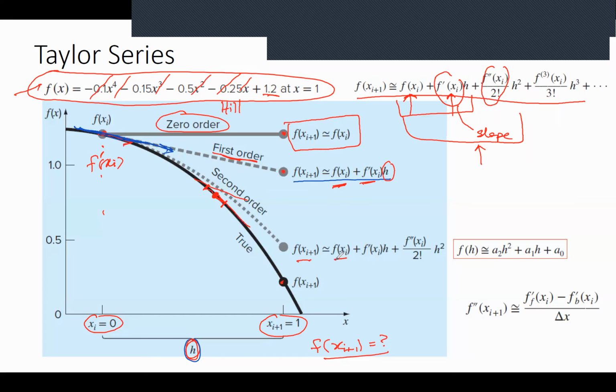So it includes the initial value at xi plus the slope at xi times h, and this second order derivative at xi, h squared. And in finding this second order derivative, we simply take the first order derivative at xi by going one step back to get the slope. So let's say f_b prime here and f_f prime here.